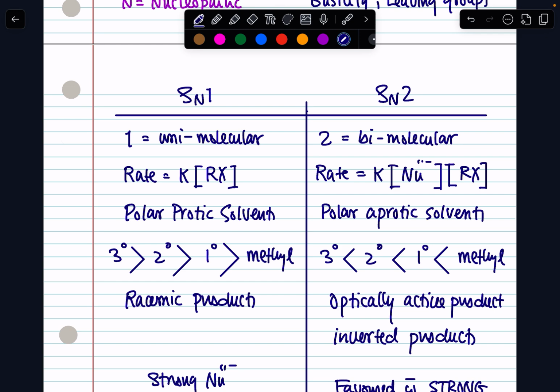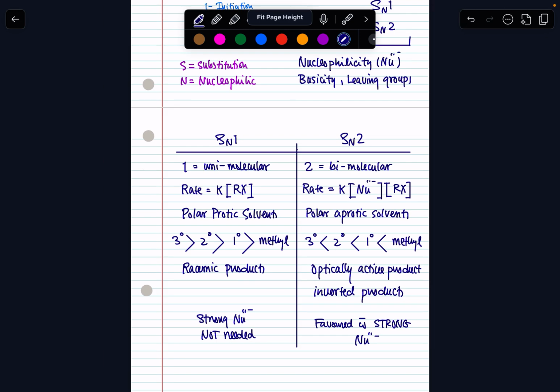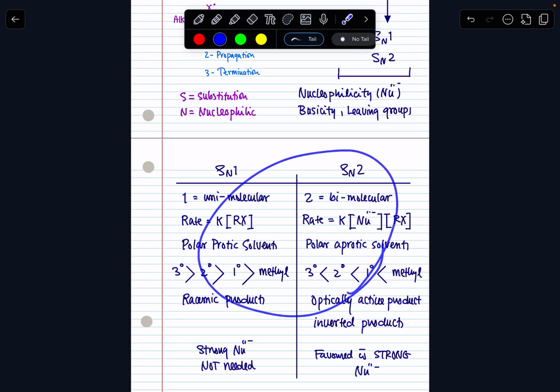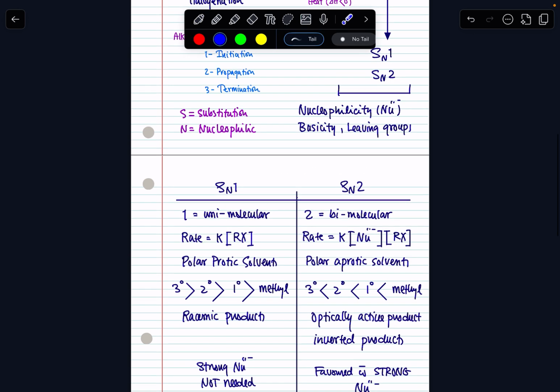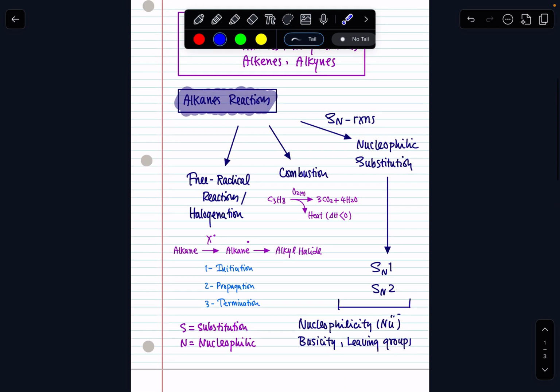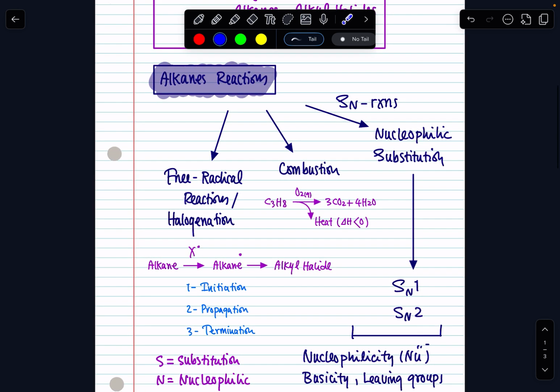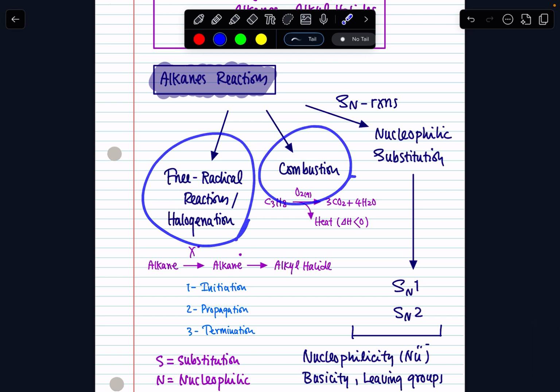We will come back to SN1 and SN2 reactions later on, in unit 2 or 3, I believe. But I think that's enough description of alkane reactions. So in summary, you have three types: combustion, free radical halogenation, and finally nucleophilic substitutions.